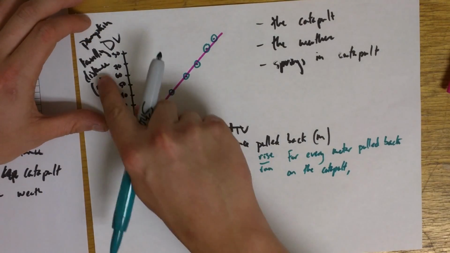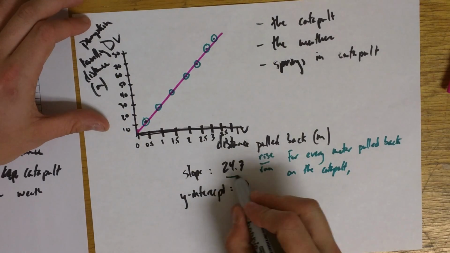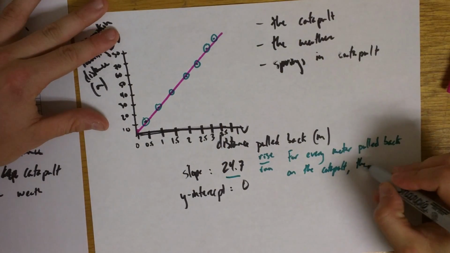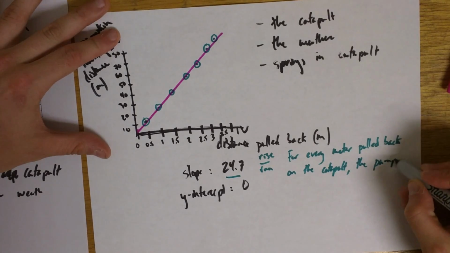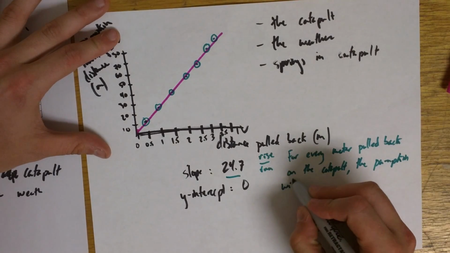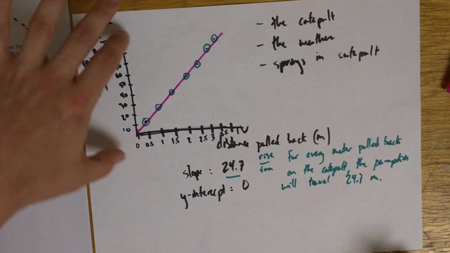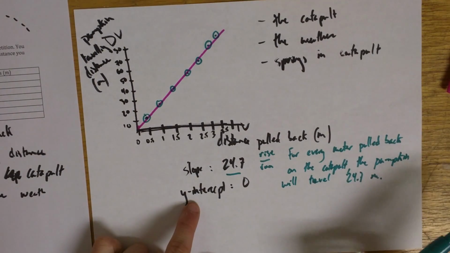Well, then the pumpkin will travel our number, 24.7 meters. Done.